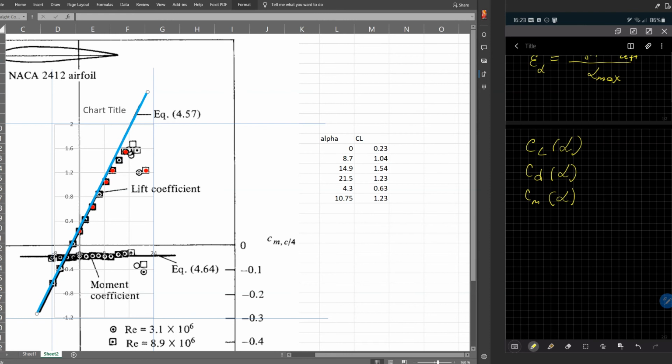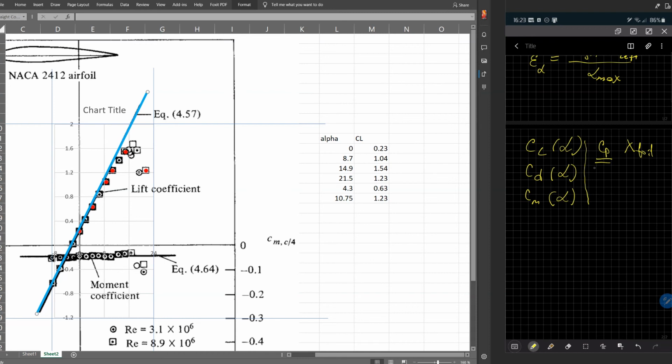And if you are very lucky, you find the CP distribution for different angles of attack. If you are lucky, you get this from the literature. If you are not so lucky, you can just take the Xfoil program and put your airfoil inside Xfoil.